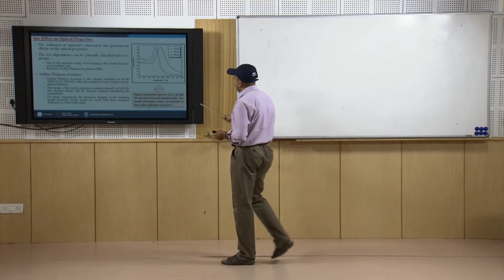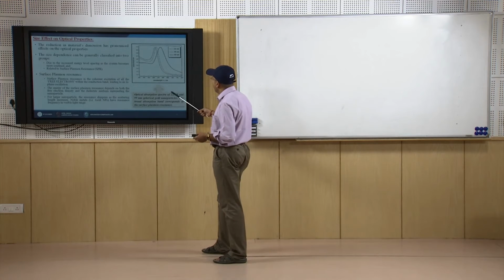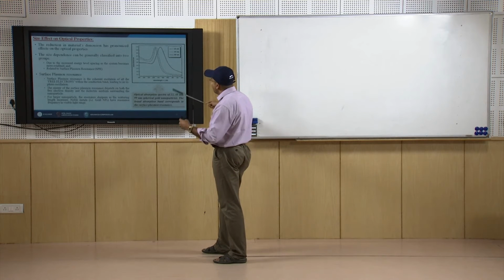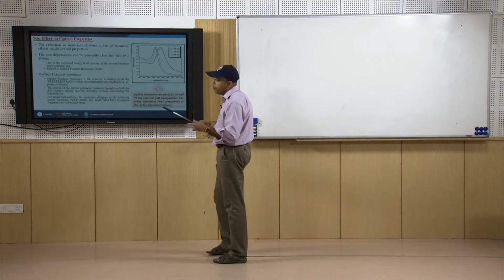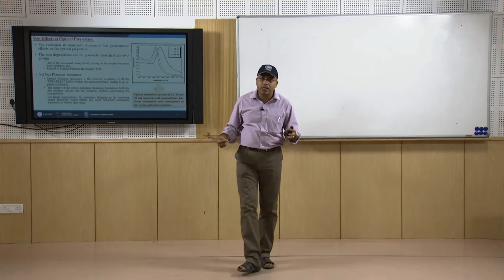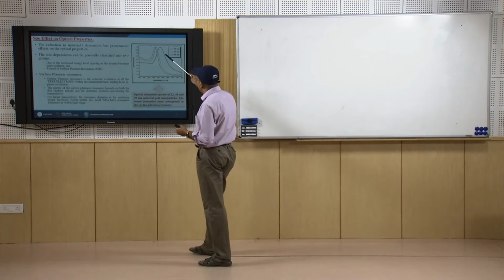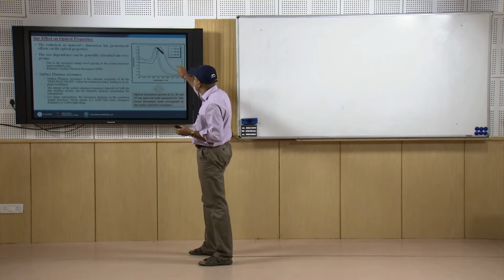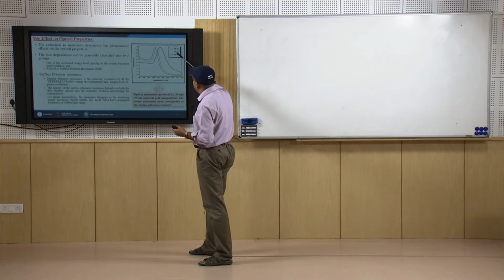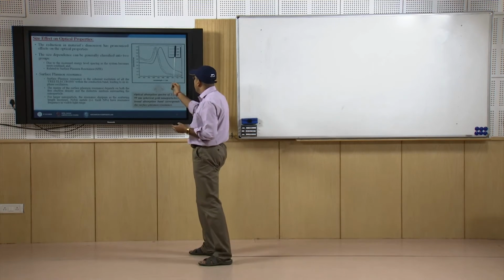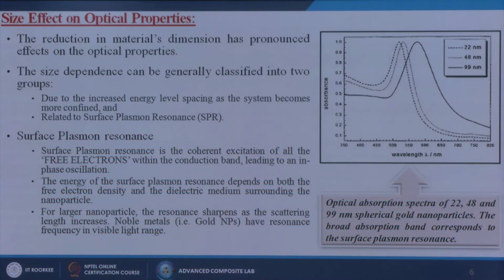In this case we are showing how the particle size changes and how the absorption properties in terms of wavelength also change. When we are talking about 22 nanometers, the graph looks like this. When we change it up to 48 nanometers, and then to 99 nanometers, the wavelength is shifting to the right-hand side.